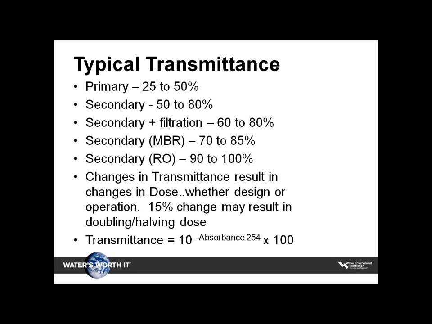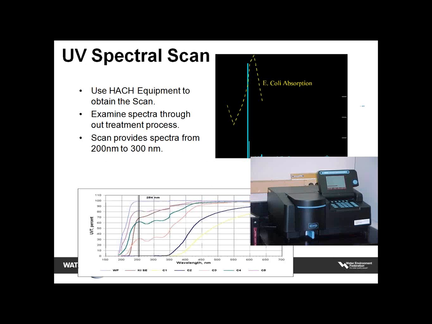The key take-home message is what I mentioned a few minutes ago in terms of the mathematical formula. If we know absorbance at 254 nanometers, which is the wavelength at which we tend to get the best inactivation of the bacteria where things line up, you can use that formula to convert absorbance values to transmittance.